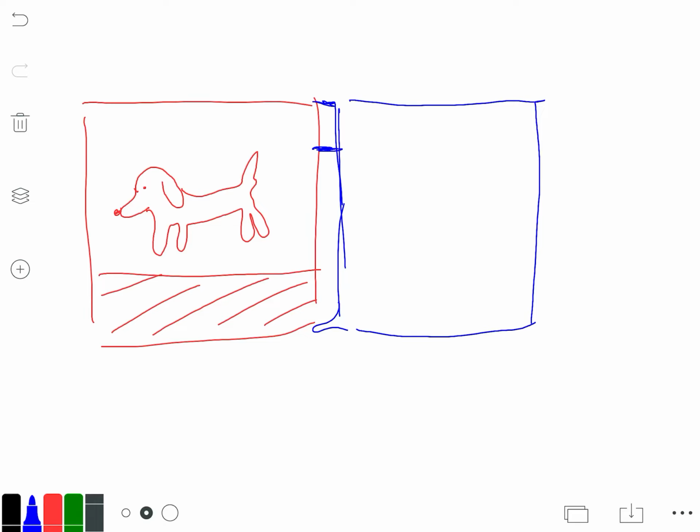Seligman would put it in a box where it would have an opening here. We're going to say it looked something like this. Say it didn't have a top, and it had a barrier right there. On this side, it had a floor, but it was not shocked. It was just a plain floor.